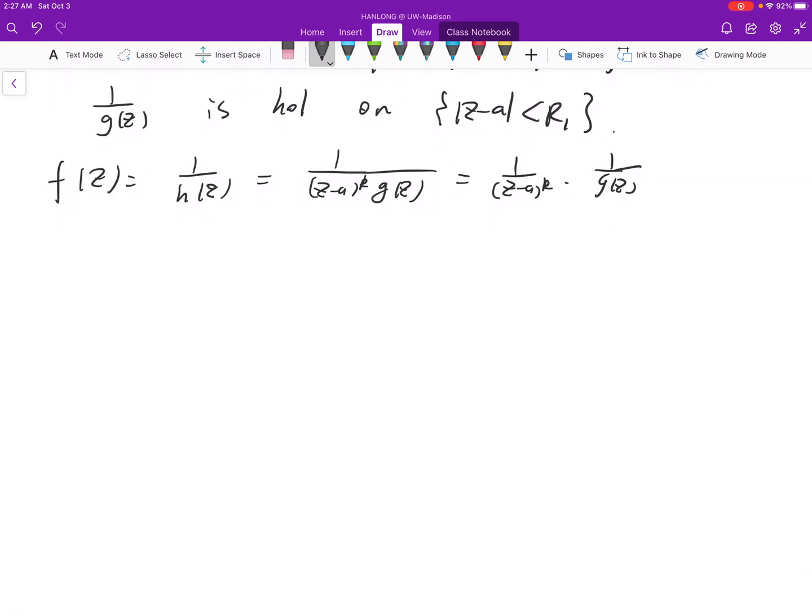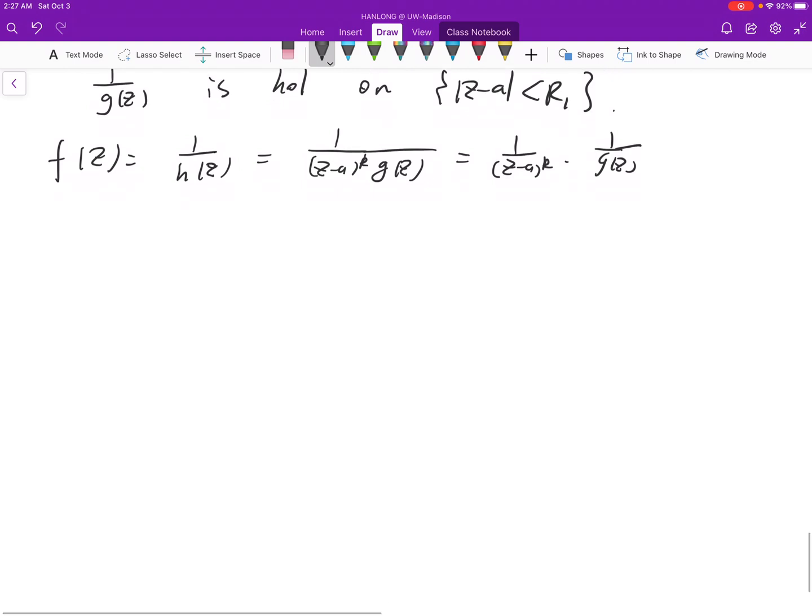So since 1 over g(z) is holomorphic, you can do a power series expansion in the small disk with coefficient en.